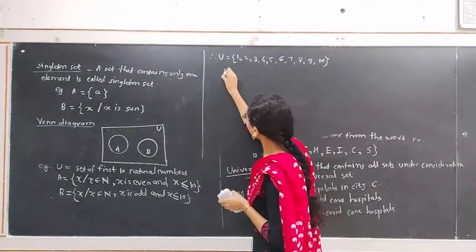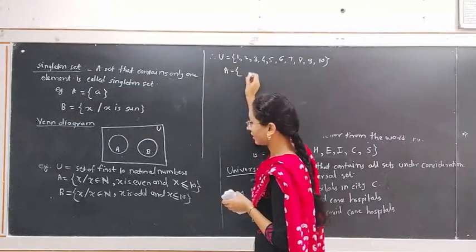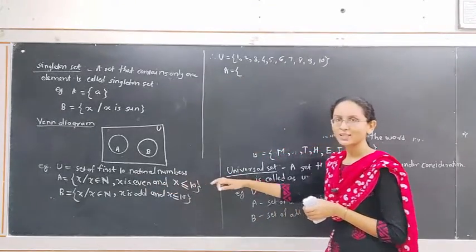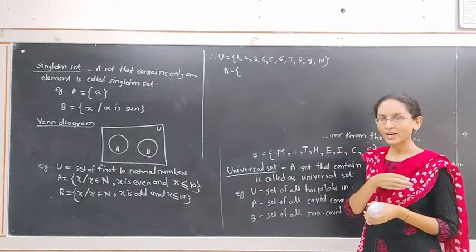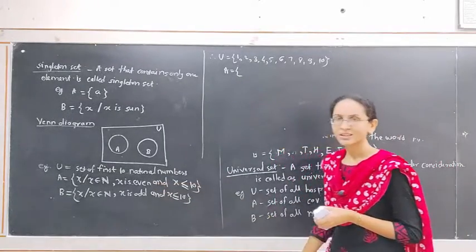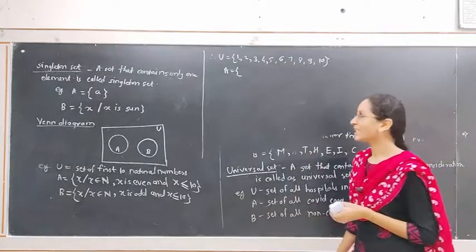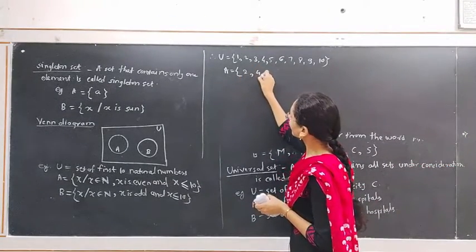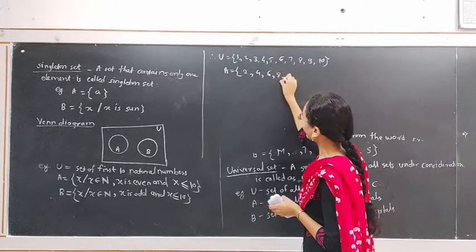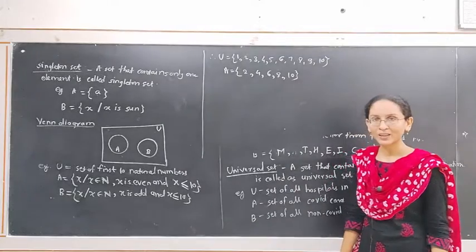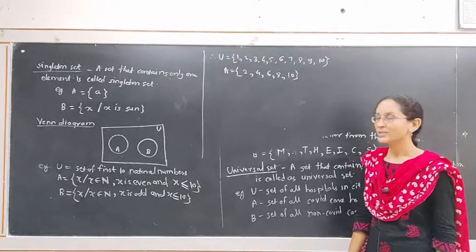Set A is written as x belongs to the set of natural numbers. We know the natural numbers start from 1, 2, 3, 4 and so on. A is the set of all even natural numbers which are less than or equal to 10. Hence, the even numbers are 2, 4, 6, 8 and 10. The numbers which are divisible by 2 are called even numbers.